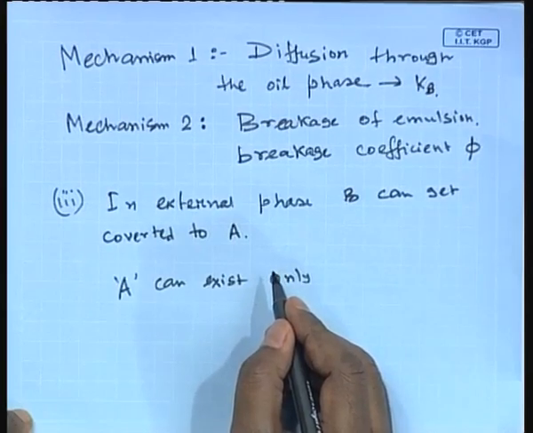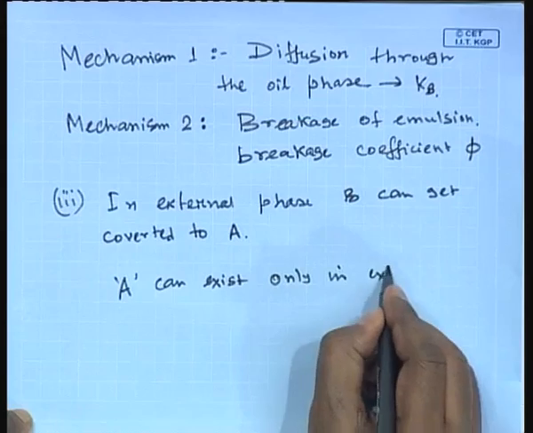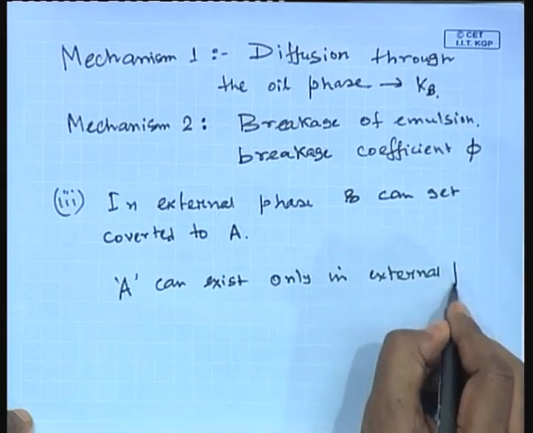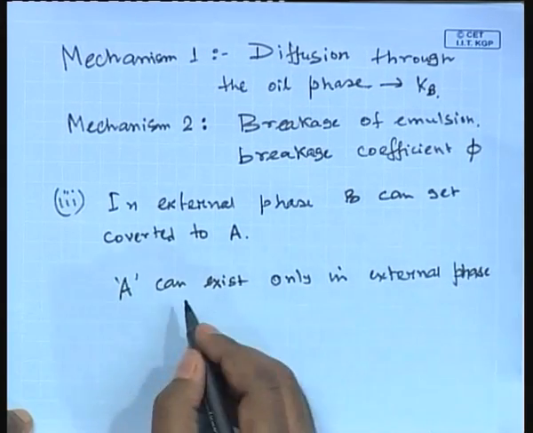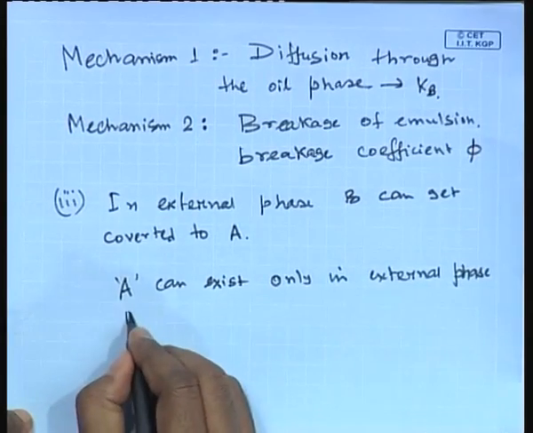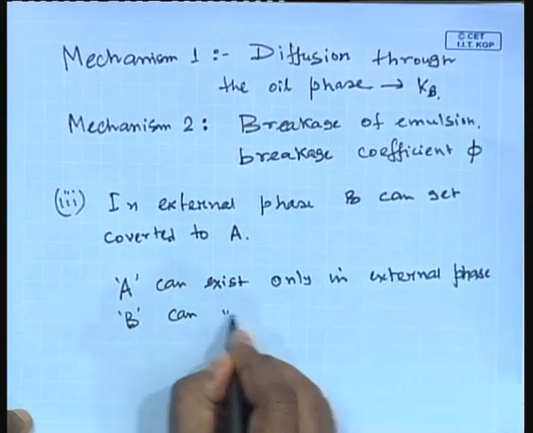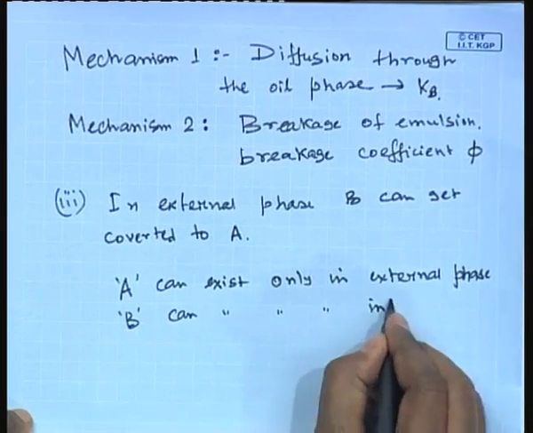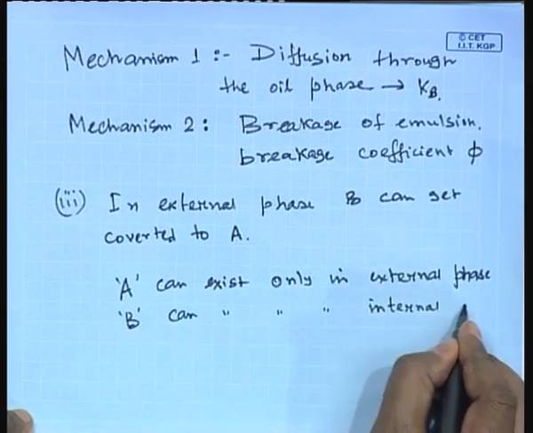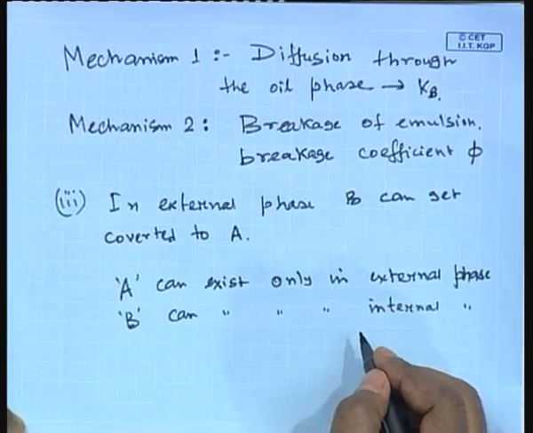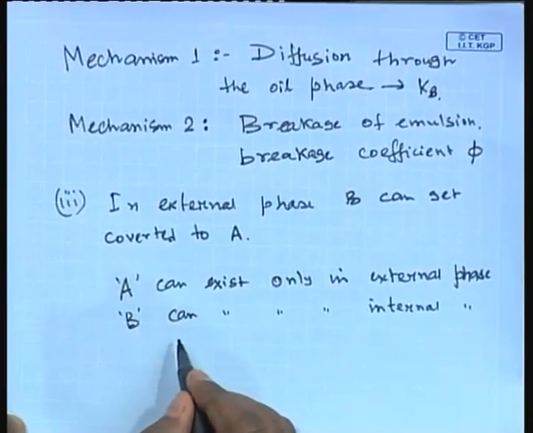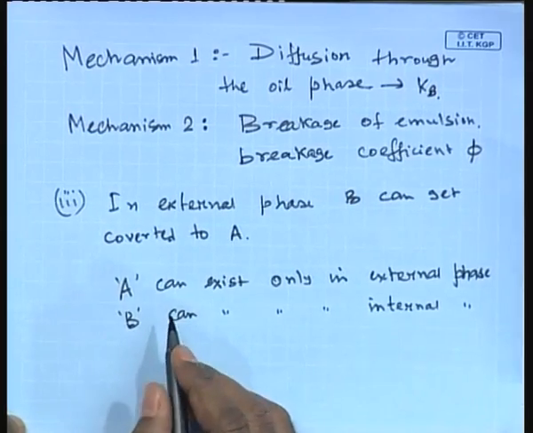A cannot exist in the internal phase because it will basically be B. And B can exist only in the internal phase, because if B comes out somehow, either through breakage or through diffusion or by both mechanisms, into the external phase, B will be converted again into A. So, B in its form can be present only in the internal phase.